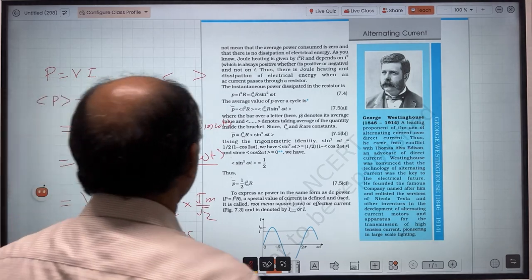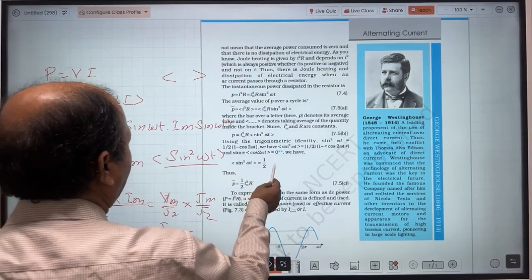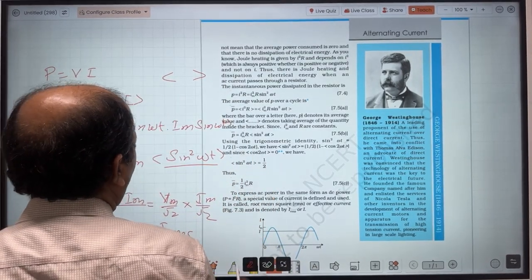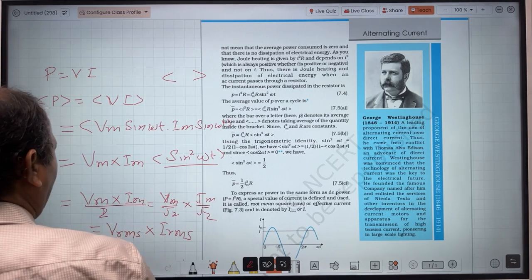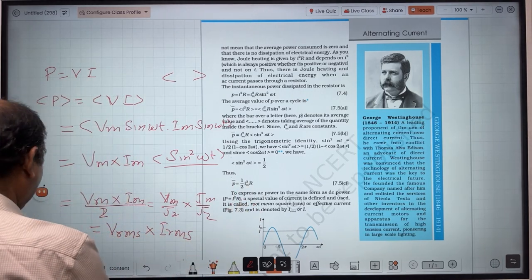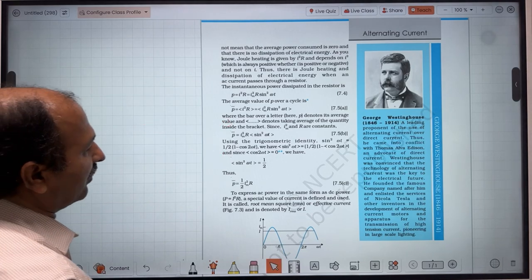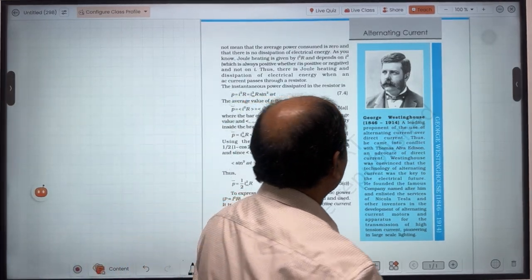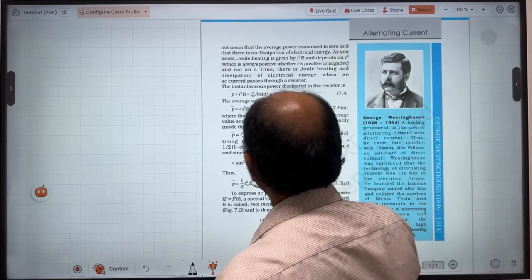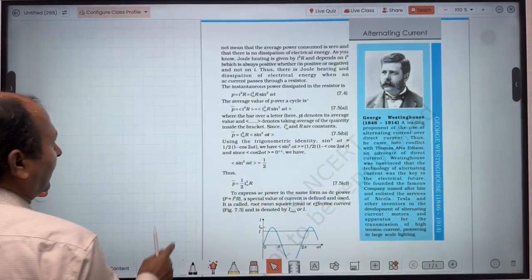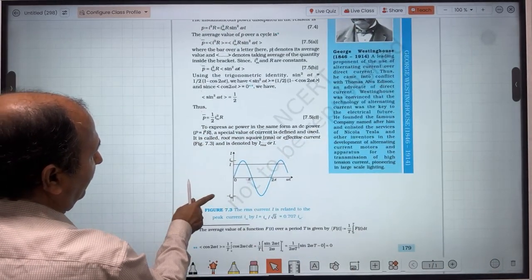So this is clear. This value of half can be found by using the integration method also, but I am not going to do that. So you have to memorize this at this time. Later on, when you have studied the topic of definite integral, after that you can derive it.